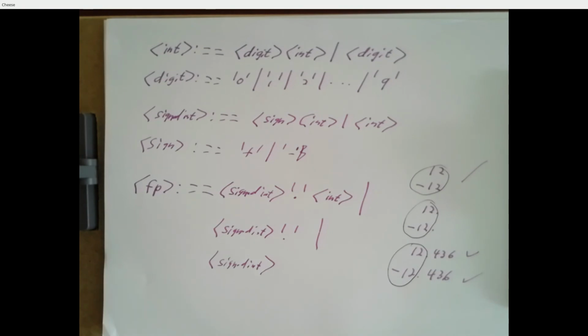So what if we want scientific notation? It has to be floating points with only one int at the beginning. And it has to be multiplied by 10 to the power of something.